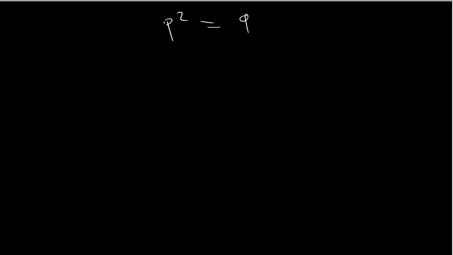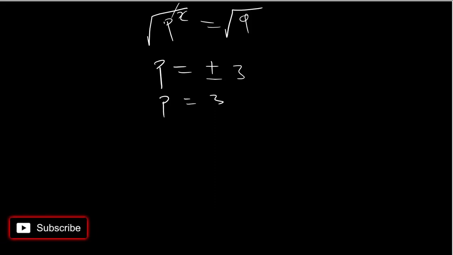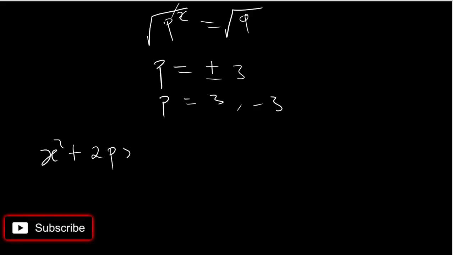So taking the square root of both sides, because we want to find p, we get plus or minus 3, which implies that p will be equal to positive 3, and at the same time negative 3. All right. So in that case, when p is equal to positive or negative 3, the expression x squared plus 2px plus 9 is going to be a perfect square.